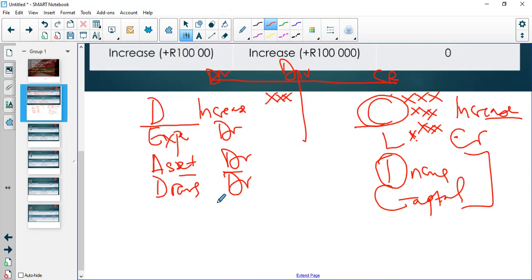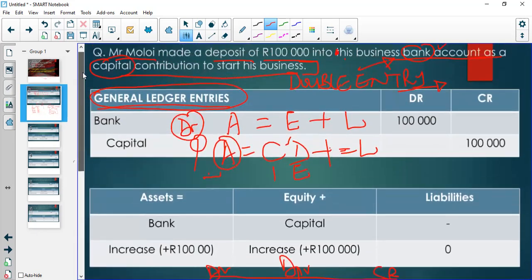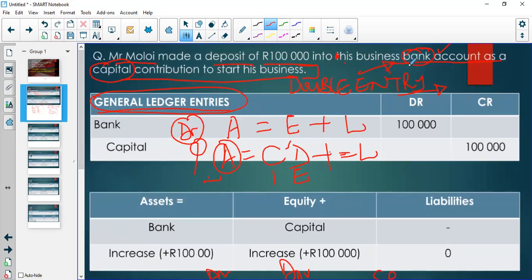If you have gone through our recordings on YouTube, you remember that we said the most important step in accounting is to identify the accounts and their categories. So if you go through this particular transaction, you identify the business bank account, and that's an asset account, and capital is equity.